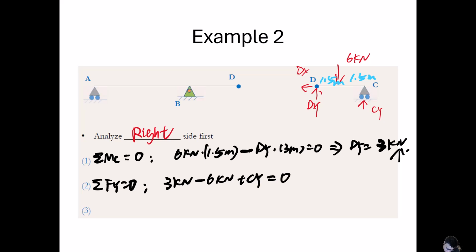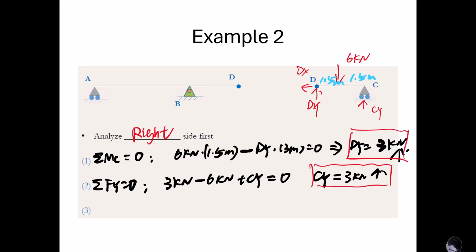Cy equals 3 kilonewton, which is positive. Okay, and we can circle the answer. And also, sum of the Fx equals 0. We have nothing but dx in the horizontal, so dx equals 0.